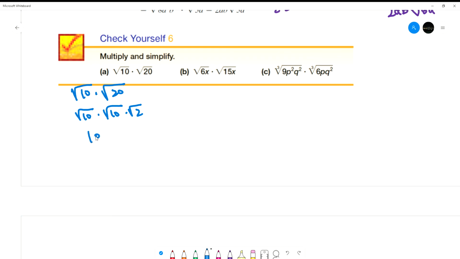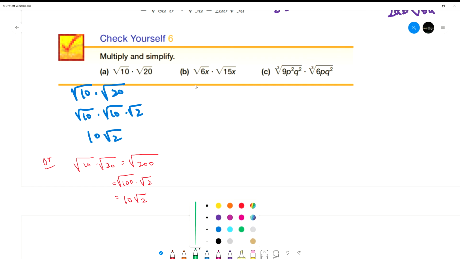So this is 10 radical 2. The book way, or the original way, is to multiply. The other way was to do radical 10 times radical 20 is equal to radical 200. And then you would have to separate this to radical 100 times radical 2 is equal to 10 radical 2. Either way is pretty easy, but sometimes this is easier.